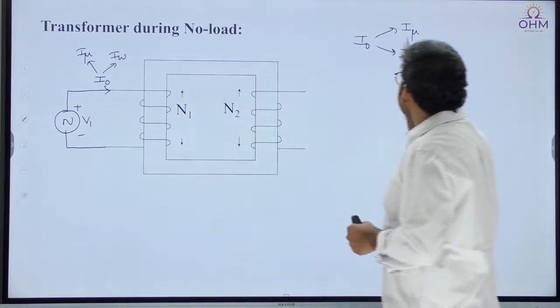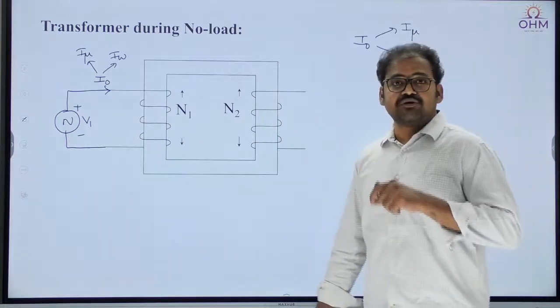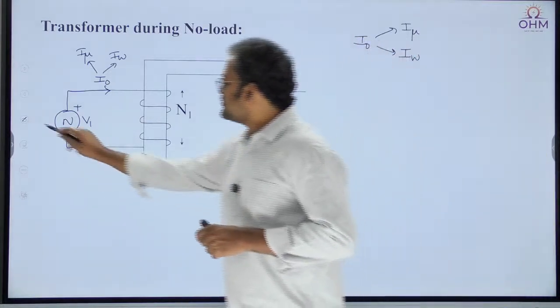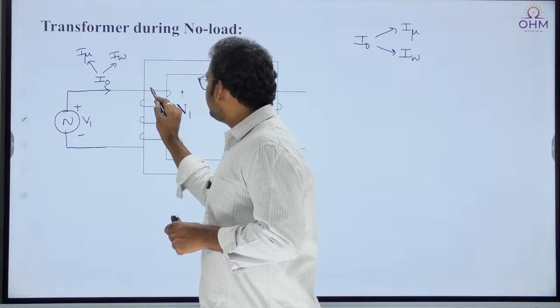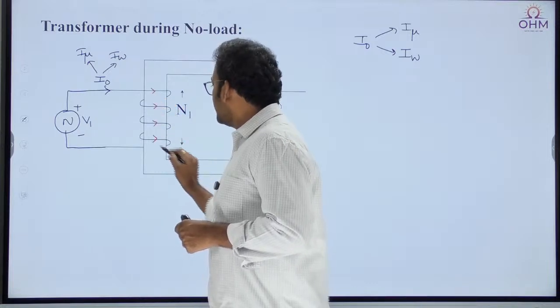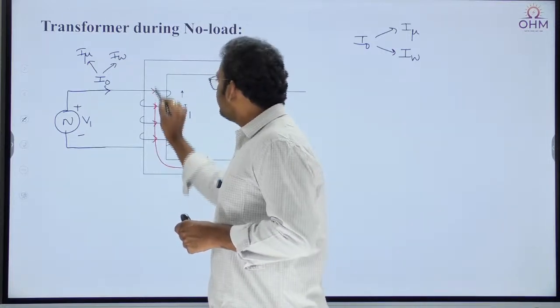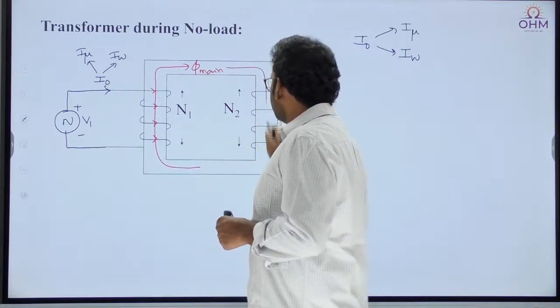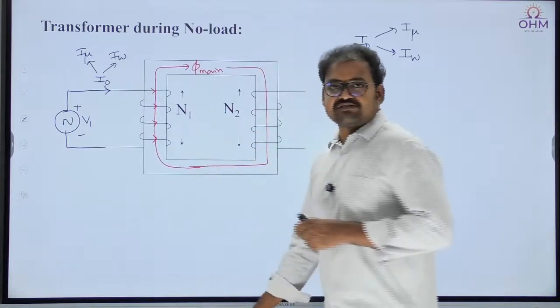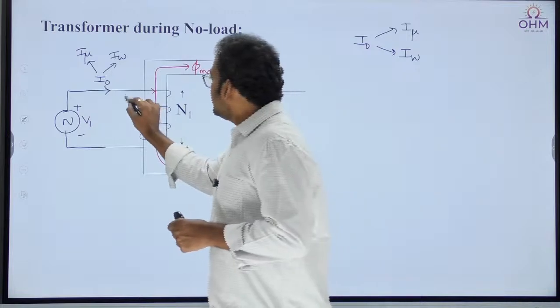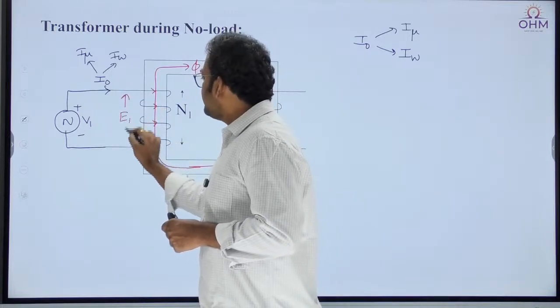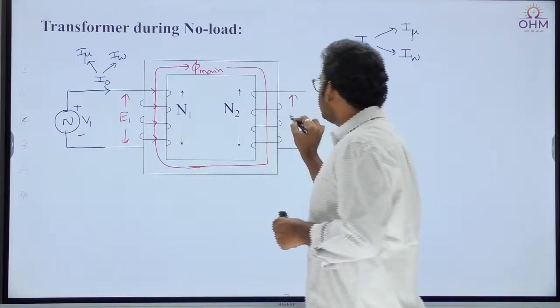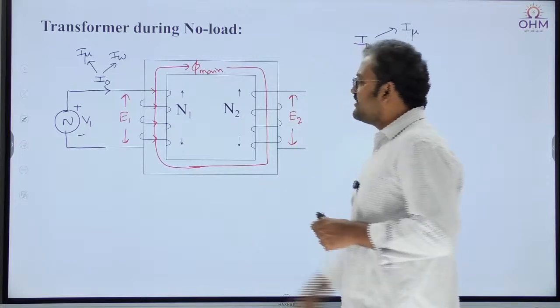This I mu is nothing but the current responsible to create flux in the transformer core. We know flux will be created whenever current is passing through it, and that flux is what we call the mutual flux or main flux of the transformer. That flux will link both primary as well as secondary, thereby self EMF will be induced across the primary winding and mutual EMF will be induced across the secondary winding.